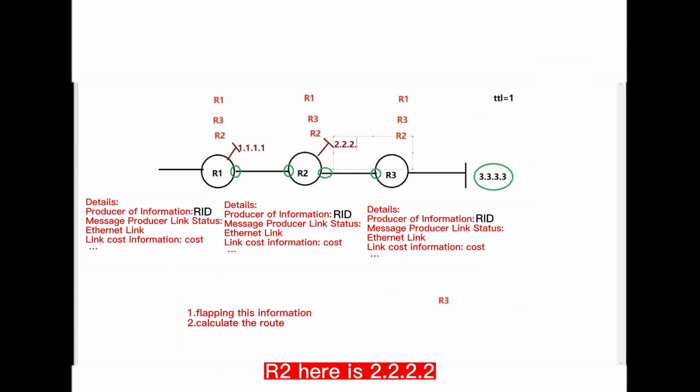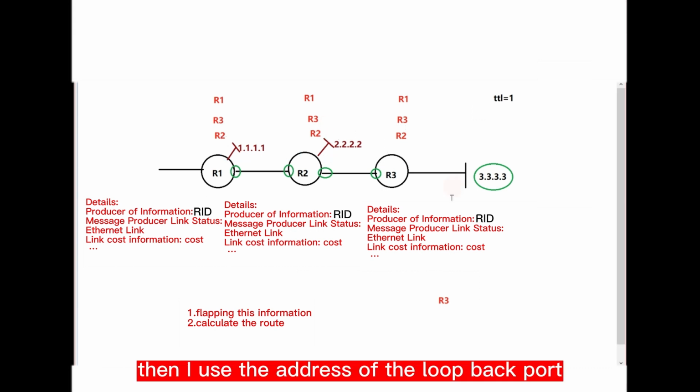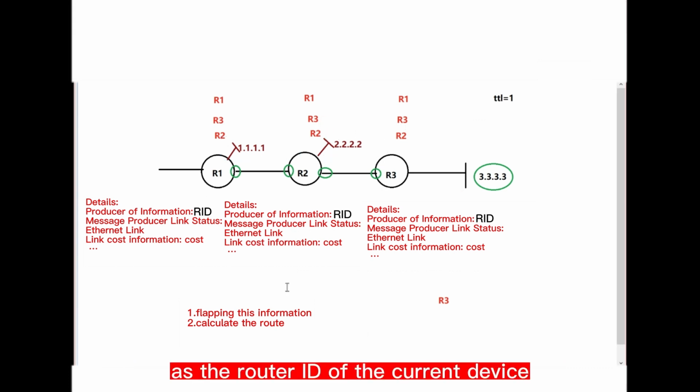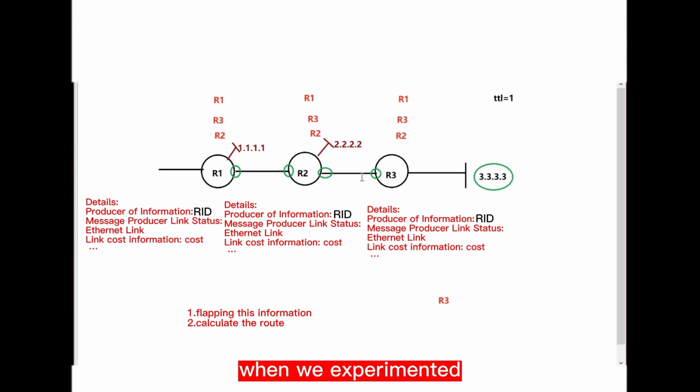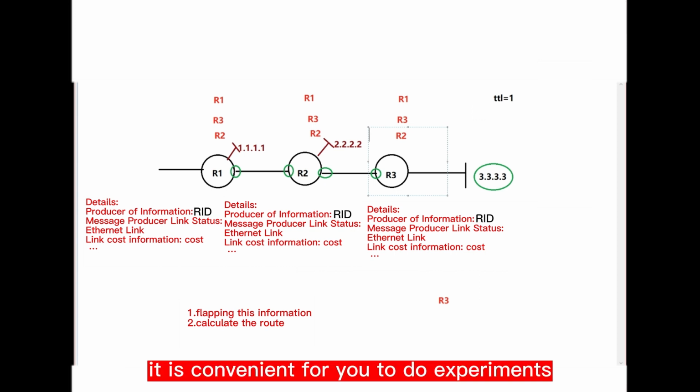R2 here is 2.2.2.2. Then I use the address of the loopback port as the router ID of the current device. When we experimented, R1 router ID is 1.1.1.1, R2 router ID is 2.2.2.2, R3 router ID is 3.3.3.3. It is convenient for you to do experiments.